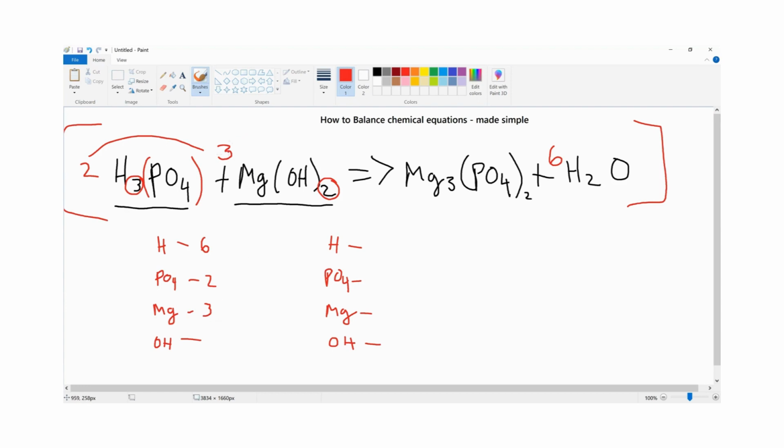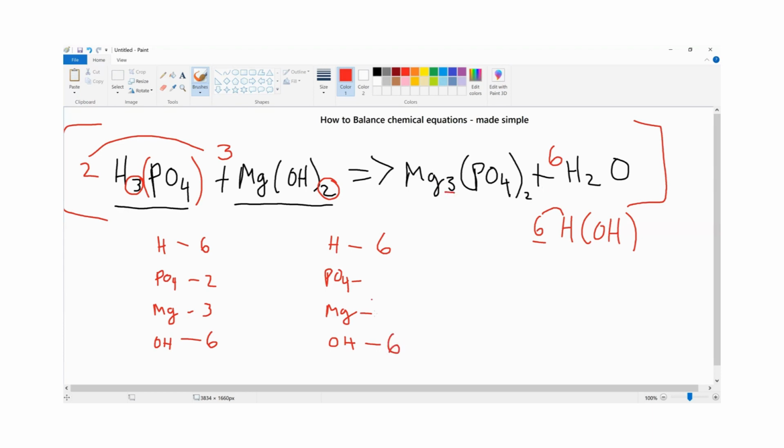Magnesium, 3 times 2 is 6. So now we go this way. I like to break this into this. 6 times 1, 6. 6 times 1 is 6.